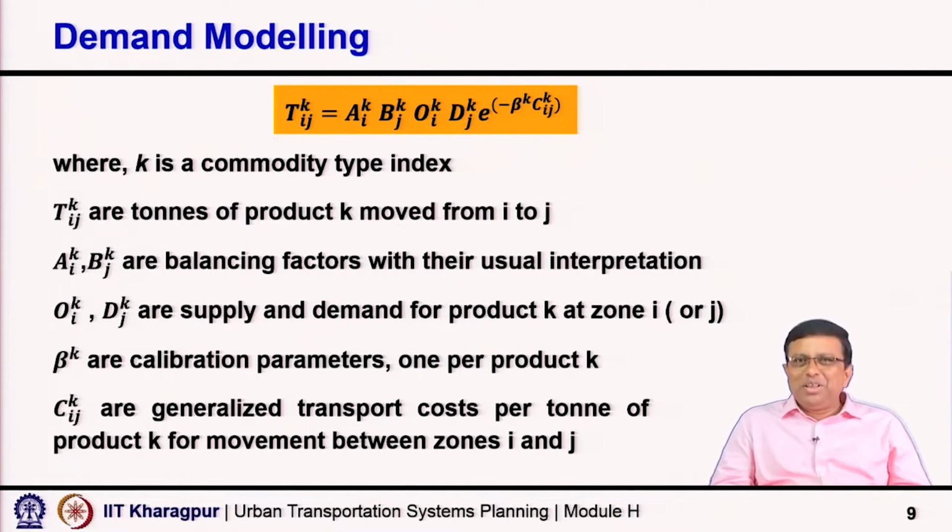Are you familiar with this model form? Yes, you are familiar. We have discussed this. This is very similar to what you have studied in the trip distribution part when we talked about passenger travel demand models. This is the doubly constrained gravity model.